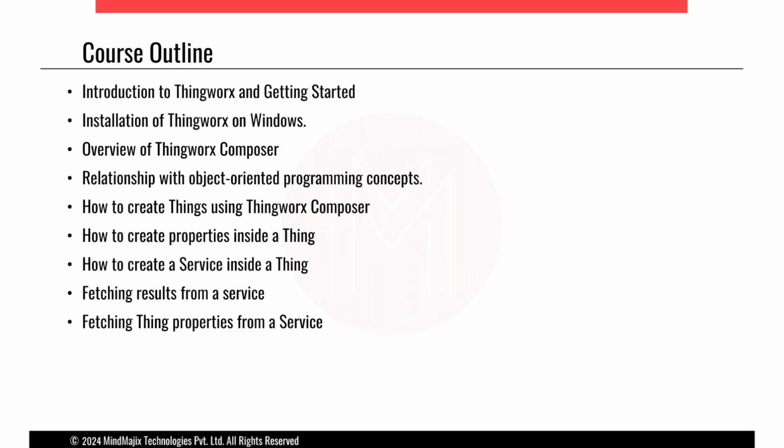Primarily, with respect to object-oriented programming, a thing is an object, so it's an instantiation of a class, we can say. In a similar way, a thing template is a representation of a class in ThingWorx.